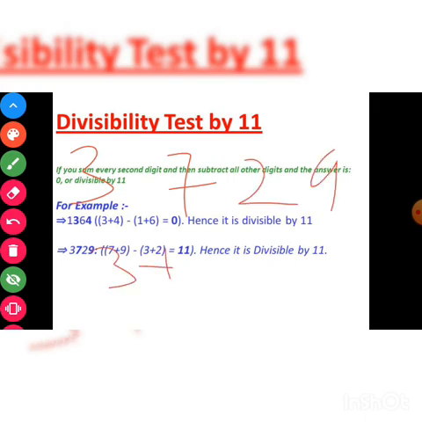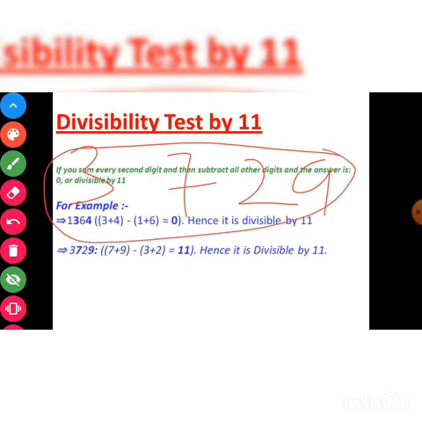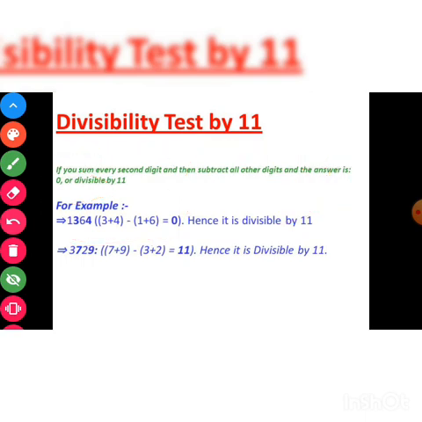Now the difference of the odd and the even places is 16 minus 5, which is giving you 11. And since 11 is divisible by 11, therefore 3729 will be divisible by 11. So this way you can check the divisibility of 11.